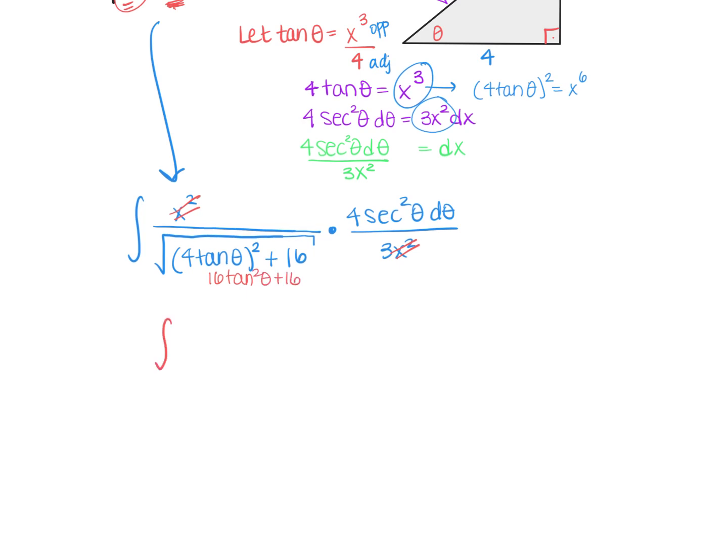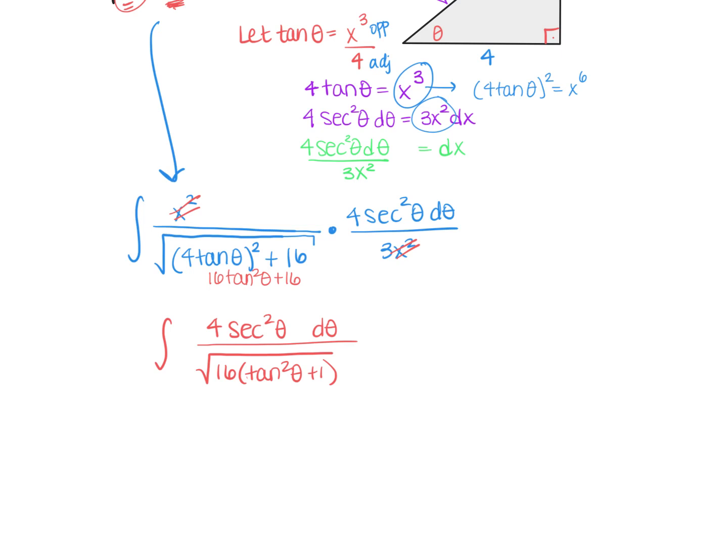So I will rewrite this a little bit neater. Because under the square root, I'll factor out a 16. And I have tangent squared theta plus 1. And then that's it. Okay.